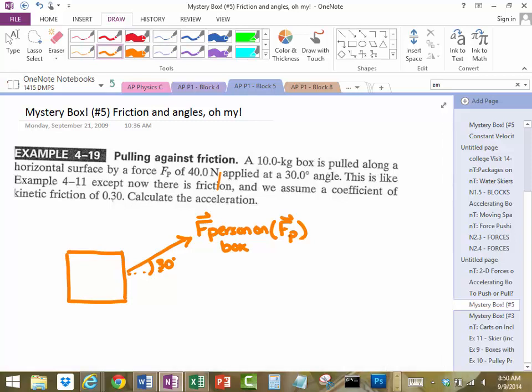What a nice thing about the free-body diagram and equations is if you're presented with a problem that seems really hard, impossible, really confusing, it's a really good place to start.